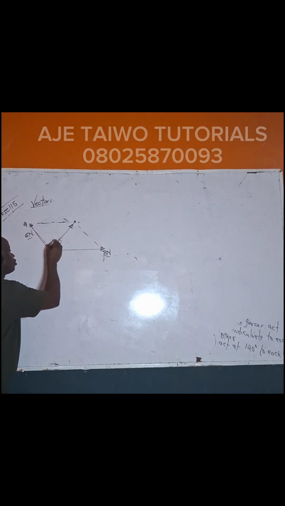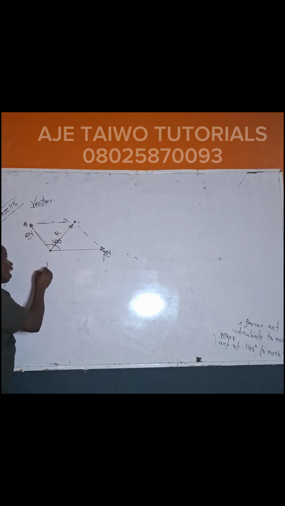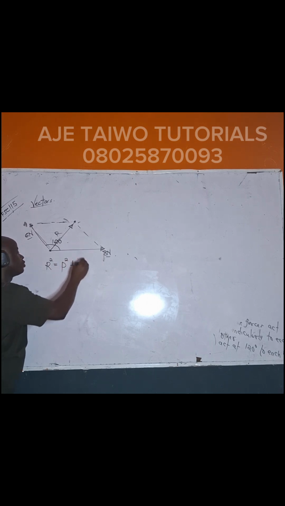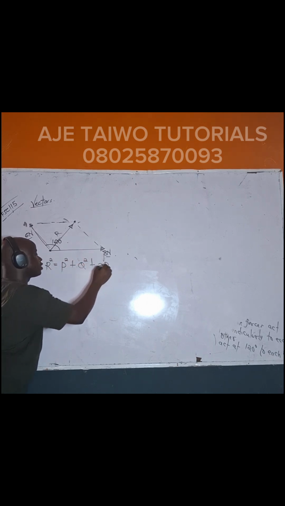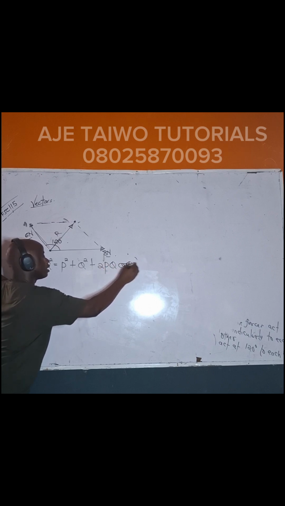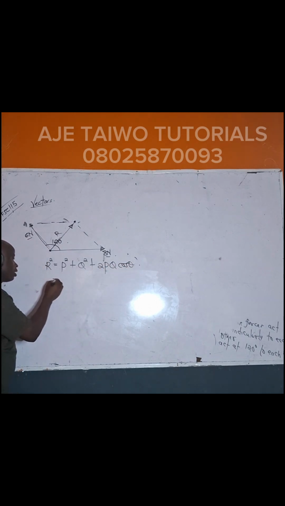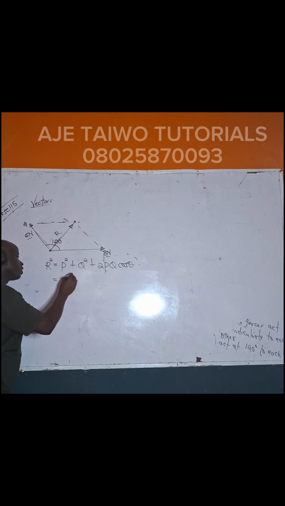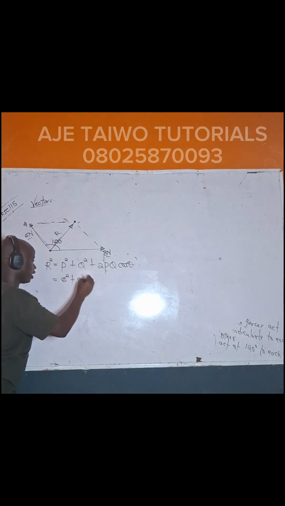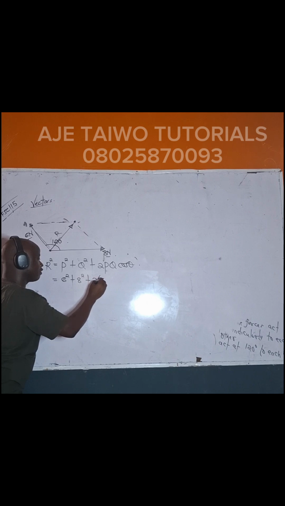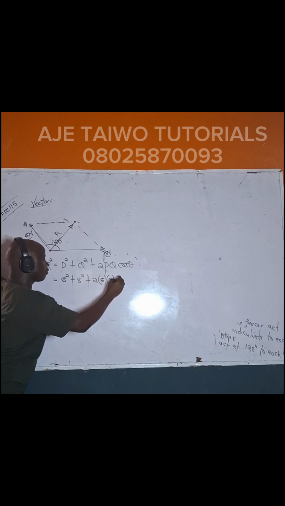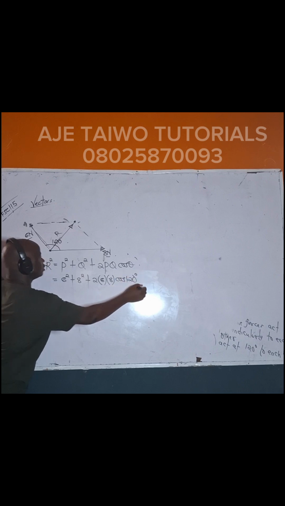So, this is your 120 degrees. Now, this is your resultant. You see the same formula: R squared equals P squared plus Q squared plus 2PQ cos theta. So what's your P? 6. Q is 8. Cos 120 degrees.